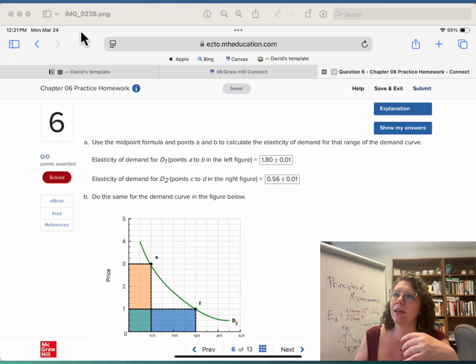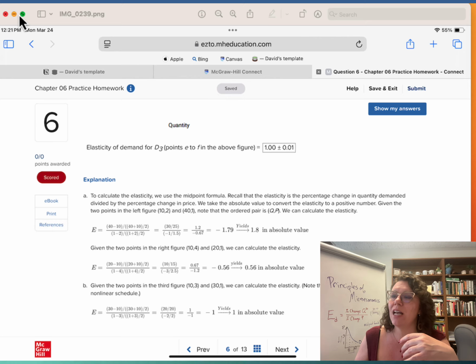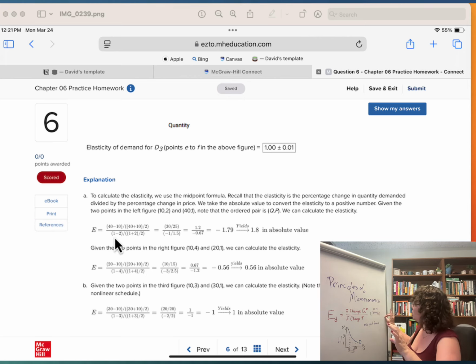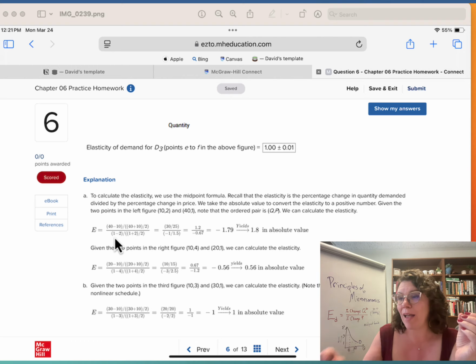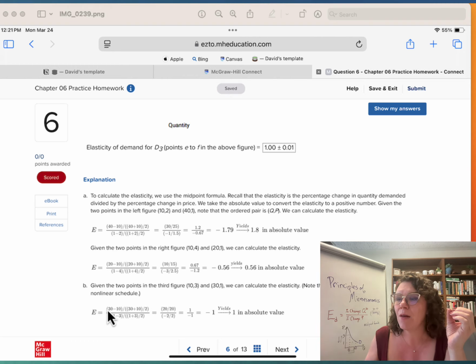But the tricky part is that what the problem does is it kind of puts the entire equation in one straight line. So you see it as this very, very long mathematical equation. So here we see the change in quantity divided by, find the midpoint, so adding the two quantities and dividing by 2 to get the percent change in quantity.